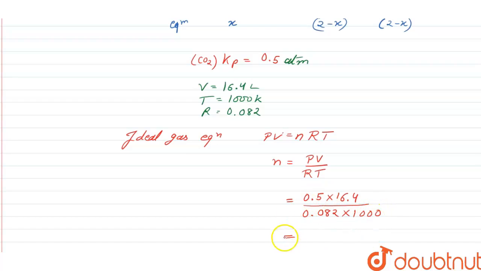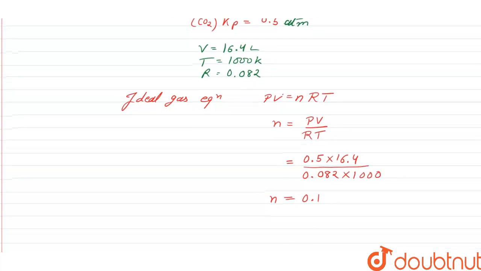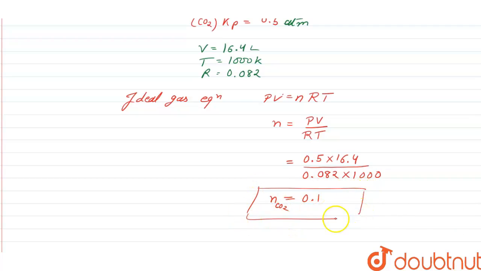So on calculating these terms, we can get the number of moles, which is 0.1 here. So the number of moles of carbon dioxide we have calculated, isn't it? Because we have used it for carbon dioxide, which is in gaseous state only. Other constituents are not in the gaseous state. That's why we calculated by using this formula the number of moles of carbon dioxide.